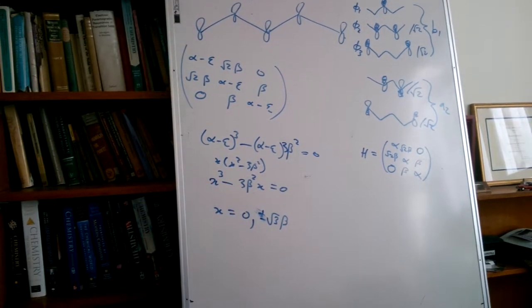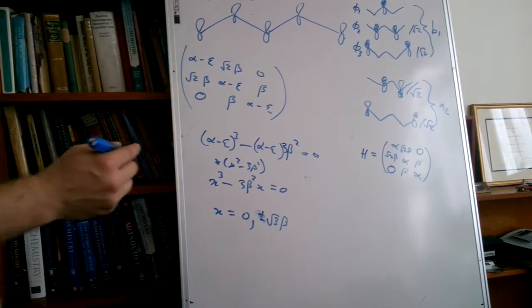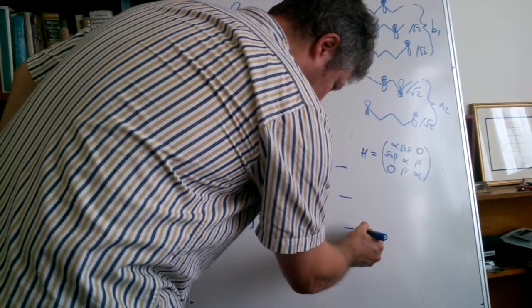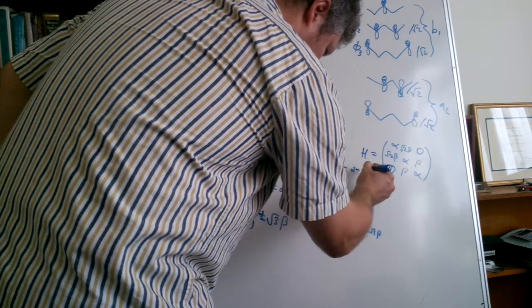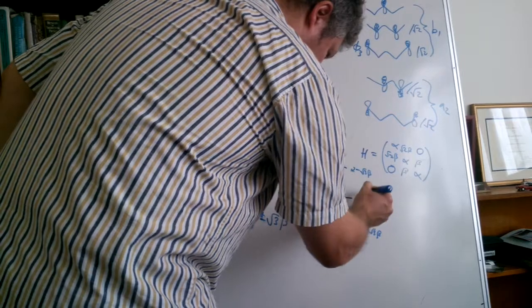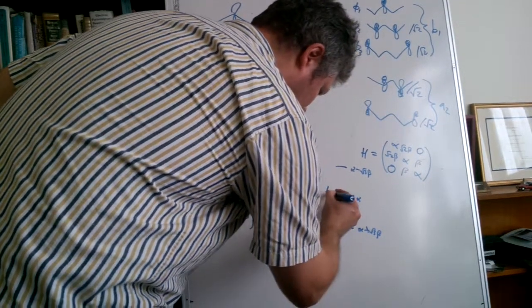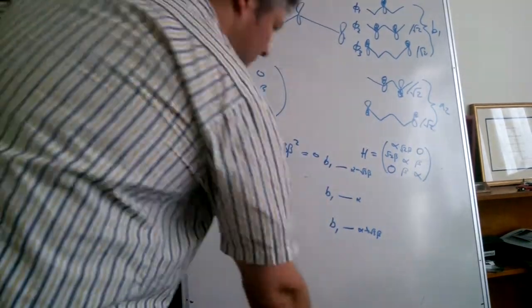Does it make any sense? Does anyone care? Okay, so then those B1 orbitals are alpha plus root 3 beta, alpha minus root 3 beta, and alpha. So those are the B1 orbitals. B1, B1, and B1. Beautiful.